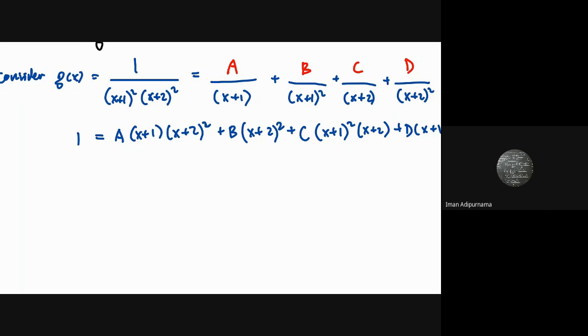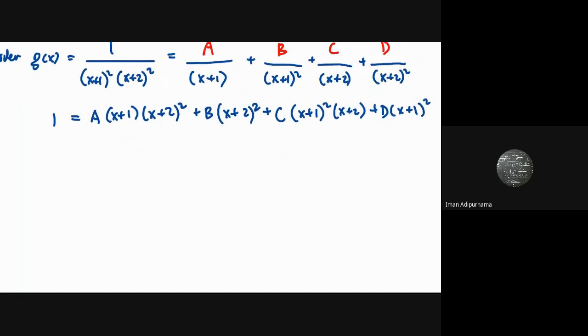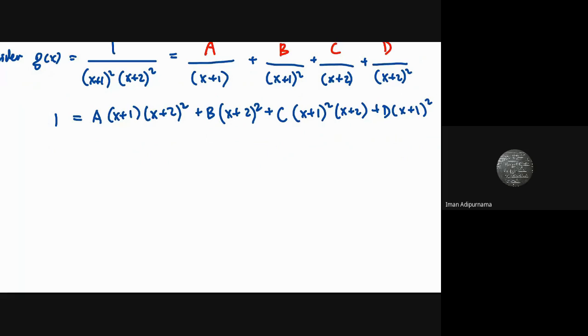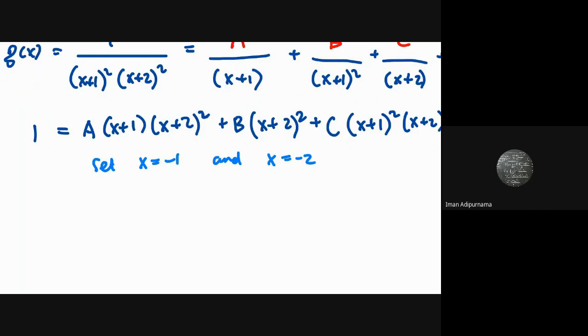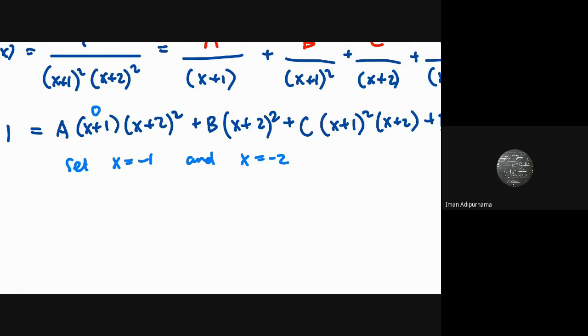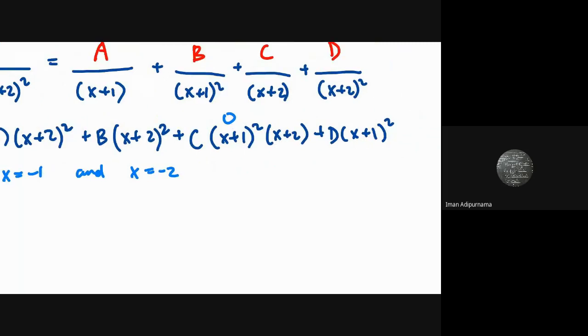Now we can set, let me write in another color, x is -1 and x is -2. Why? Because when x is -1, some of the terms will become 0. So when we set x equal to -1, this is 0, this is 0, and this is 0.